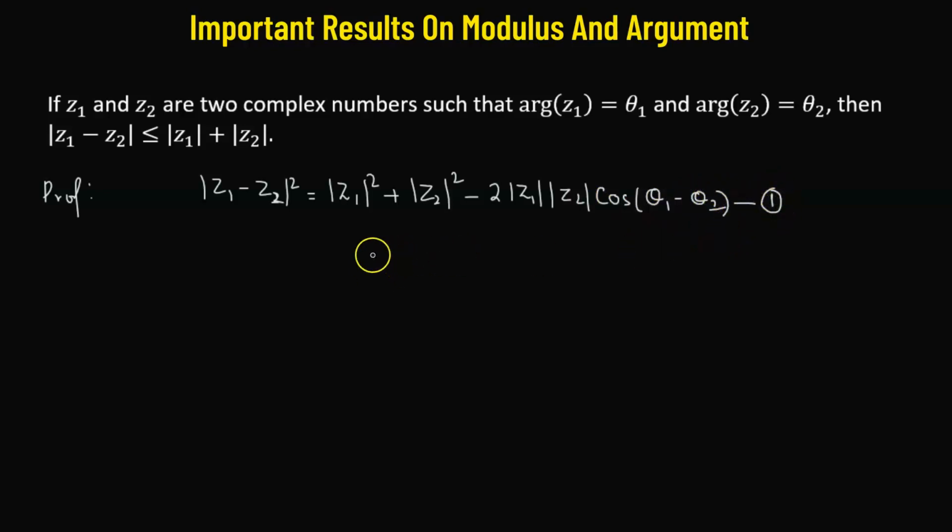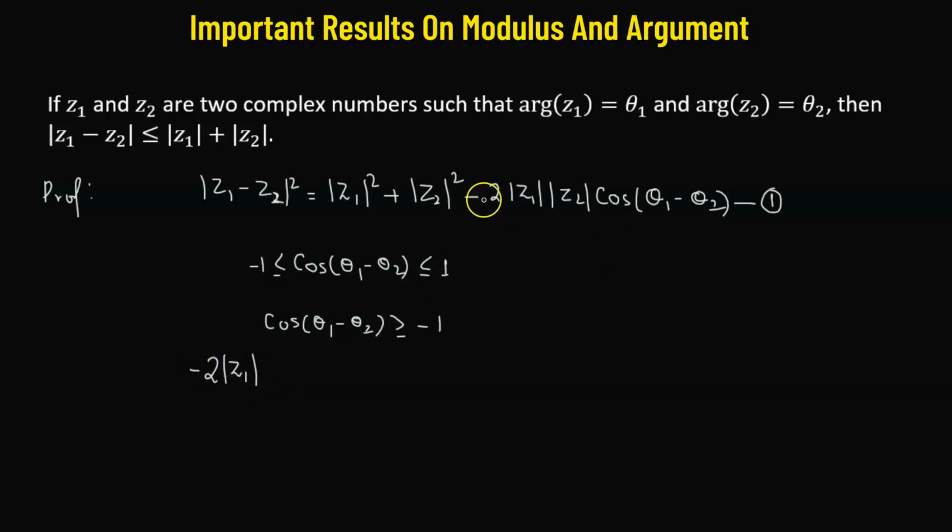Now we're going to use the fact that we know the cosine function, cosine of theta 1 minus theta 2, is going to lie between -1 and +1. So we will consider the situation that cosine of theta 1 minus theta 2 is greater than or equal to -1. Now we're going to multiply both sides of this inequality with -2 times absolute value of z1 times absolute value of z2.